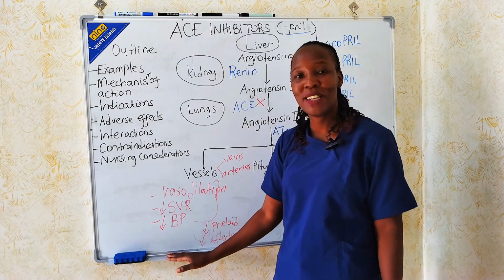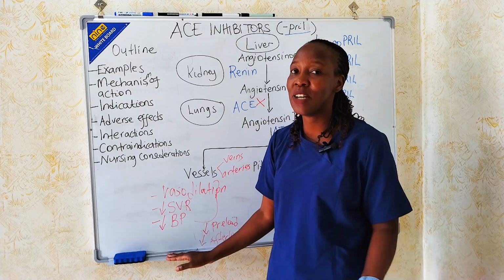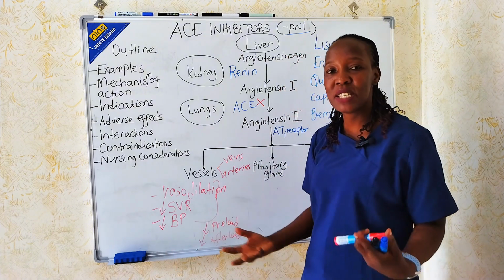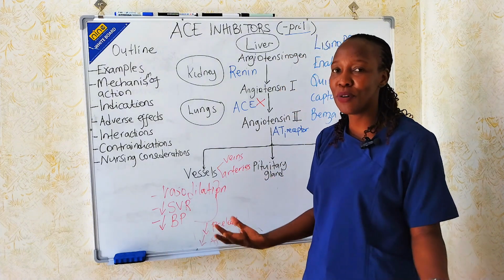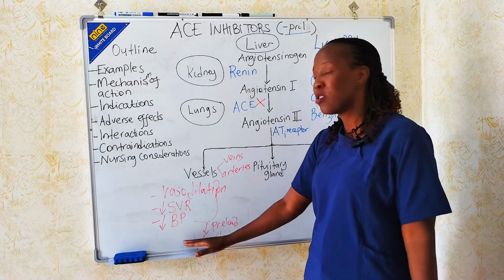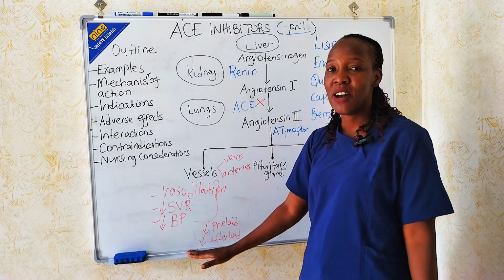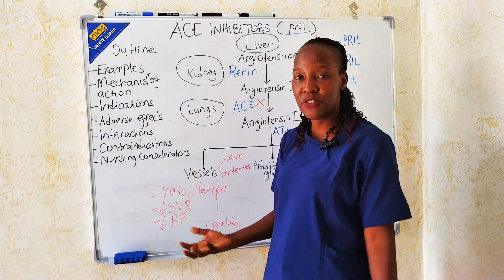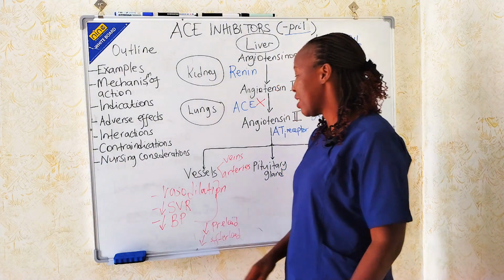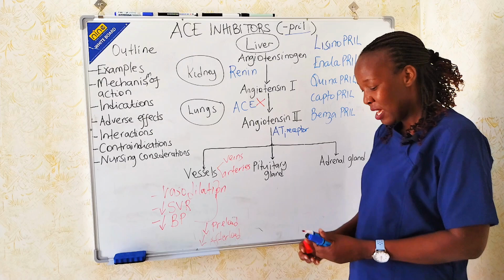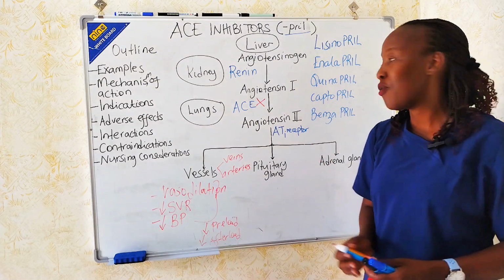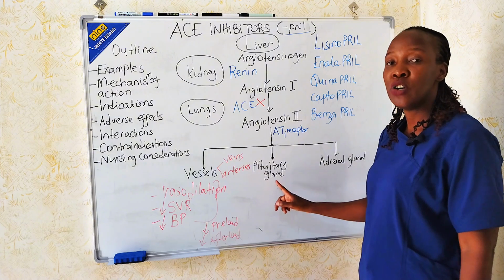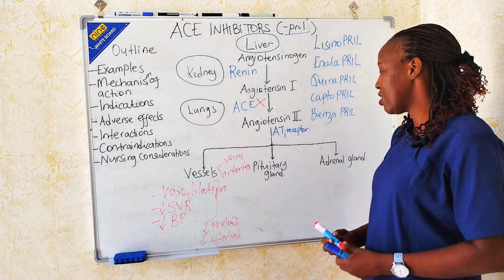That helps, for example, in a client with hypertension, but because it's also reducing the vascular and cardiac remodeling, we are going to have a reduction in cardiac remodeling, which is very beneficial in heart failure and myocardial infarction.